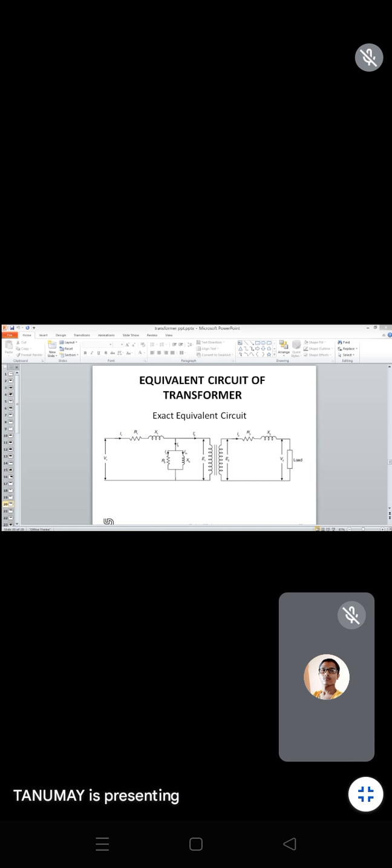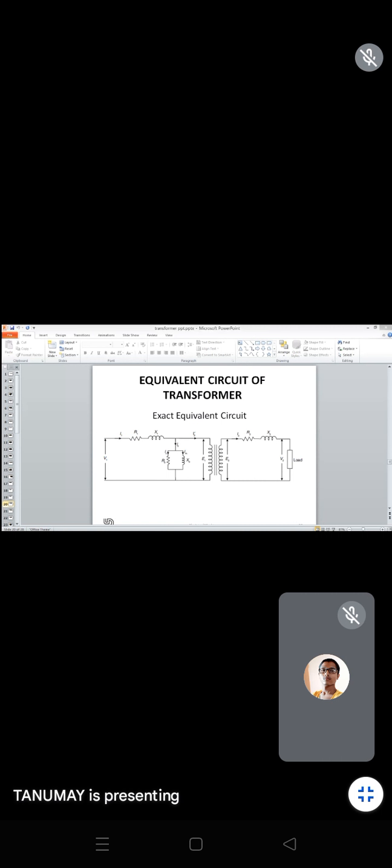That's why the transformer has one component, X0, the magnetizing component, and another, the copper loss component, as the transformer will try to heat. These two are in parallel with each other, and I0 flows to overcome the loss. So it has two components, one is IE and another is IM, to magnetize the transformer core and to produce the power loss.